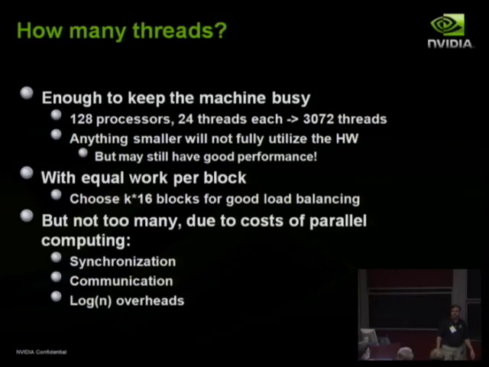In some of the performance numbers I have, when I go under 3,000, you'll see some dropping in performance, because there are empty slots in the processor's cycles that we can't fill up. That doesn't mean you can't go below that number and still get great performance. When I drop down to 1,000 threads, I still get way better performance than a serial CPU. So it's not that big a deal to drop below it.